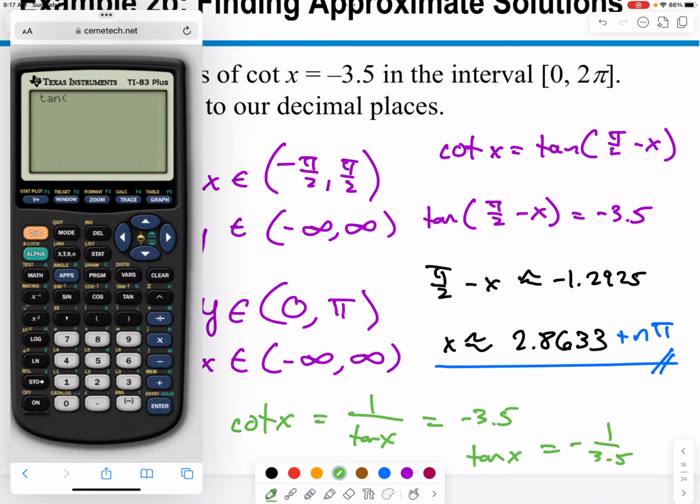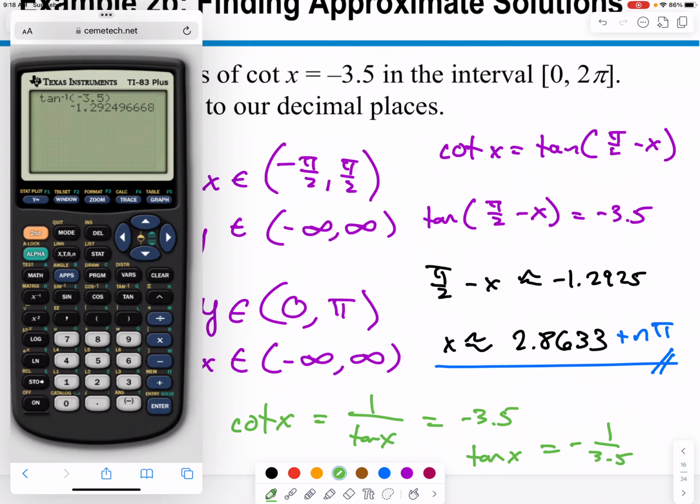Tan, we need our number back. Okay, let's see if I can get this in one go. Back up a couple of spaces. That one, right? Okay. So then if arctan of that gives us this, we want the positive, dang, I'm losing track. And then plus pi over 2, there it is. Add.